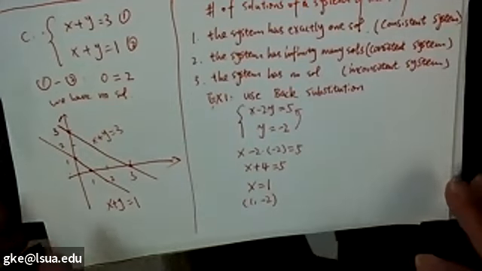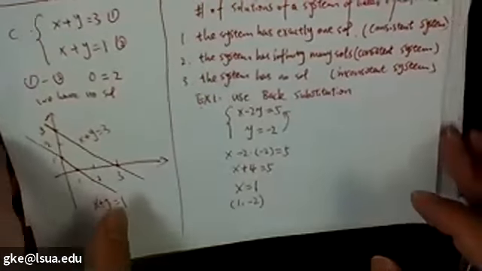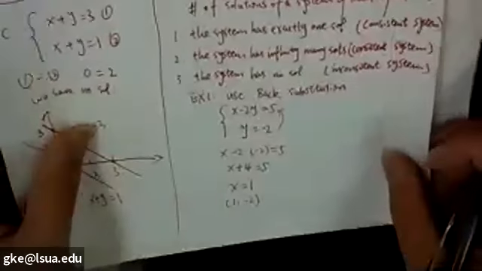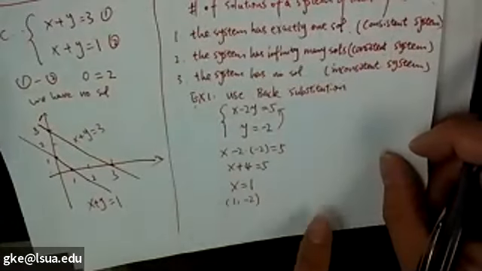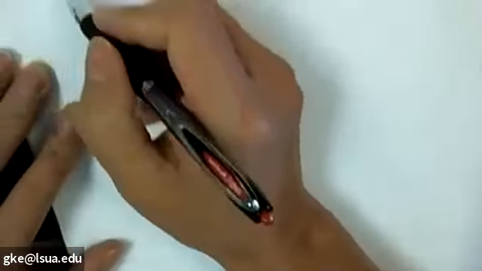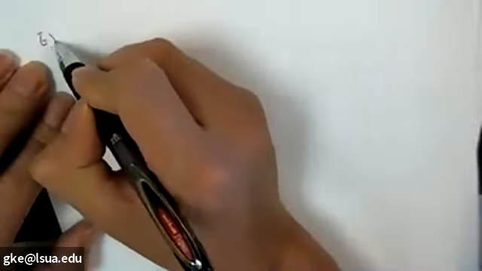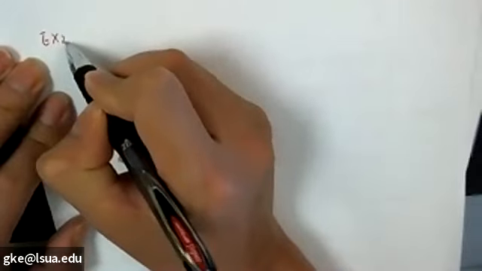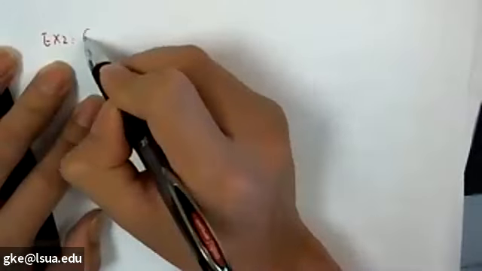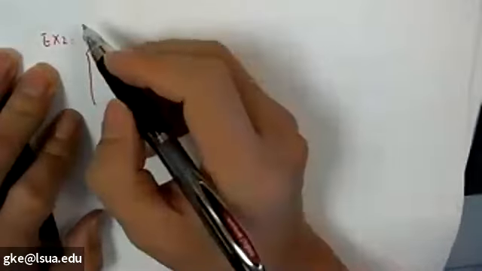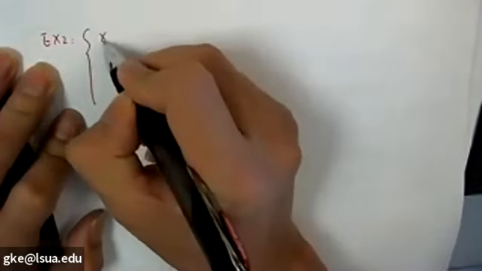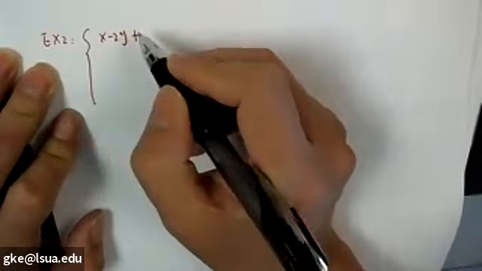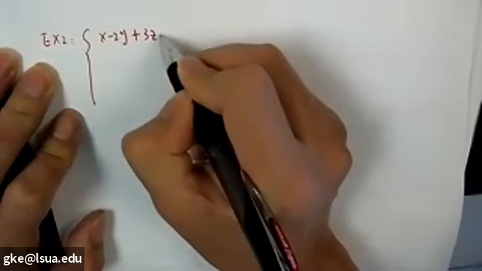Now let me give you guys another example. Let you try it. Did you already write down all the stuff here? So the first equation is x minus y plus 3z.